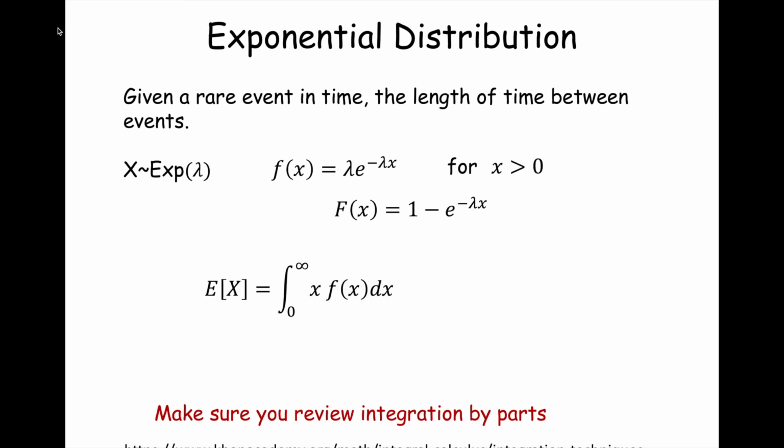E to the minus lambda x is the same as saying 1 over e to the lambda x. So in the numerator, I have x to the 1 power. In the denominator, I have x as our exponent. If I make x really, really big, the denominator increases at a much faster rate than the numerator.